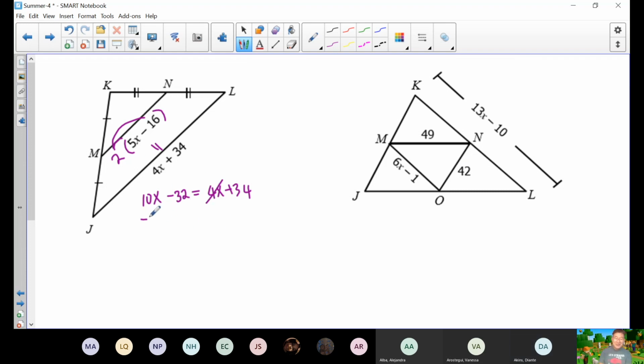So 4x, cross out 42. You know, it changes, negative becomes a positive, positive becomes a negative, whenever it jumps. So look, this is a 6x. This is a 66. When you divide by 6, x equals 11. 11, right?